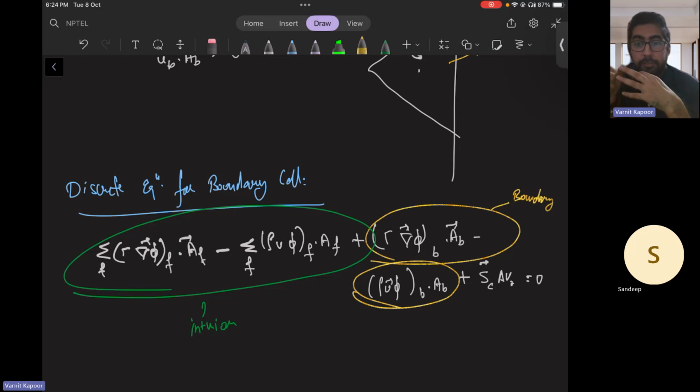Whatever is computed inside, at the boundary all the values are known, but when you specify the boundary condition, it is an inflow or outflow boundary condition. I hope it is clear.